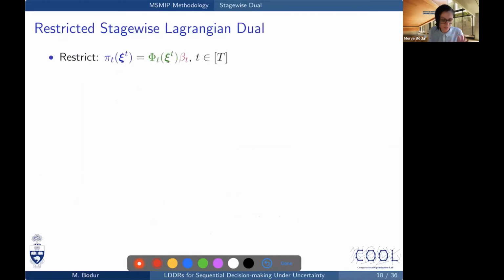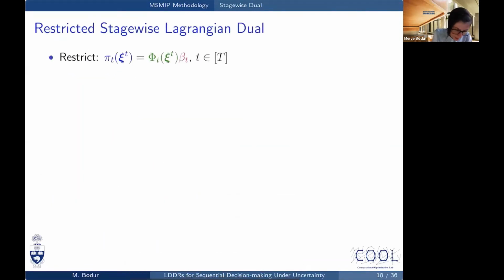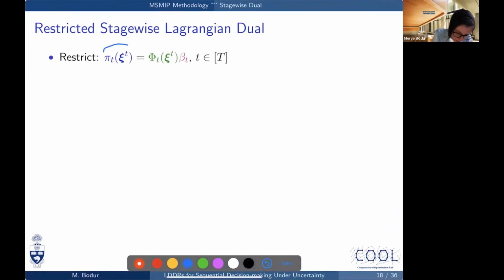So let's simplify them by applying linear decision rules. Take this Lagrangian multiplier, which is a random variable as a function of the history. Let's restrict it to follow a specific linear decision form. These beta t's will be my deterministic LDR decision variables, a bunch of coefficients that I will optimize over.